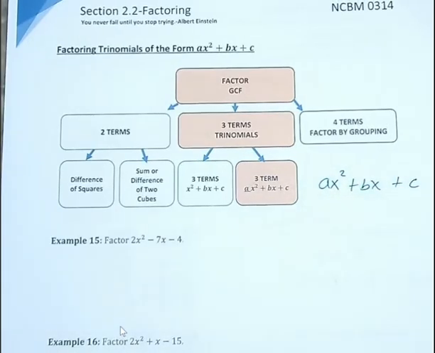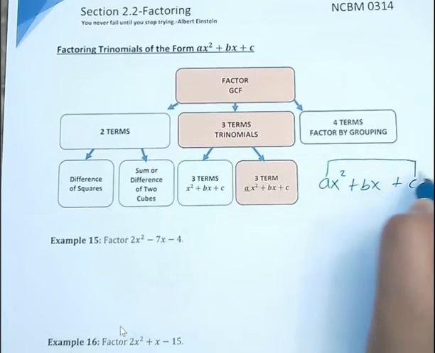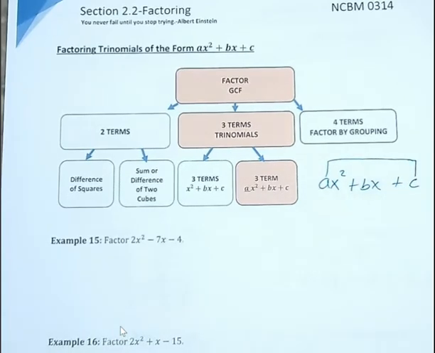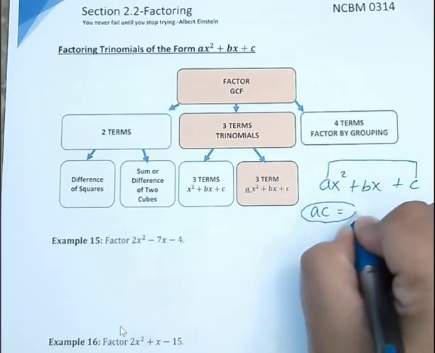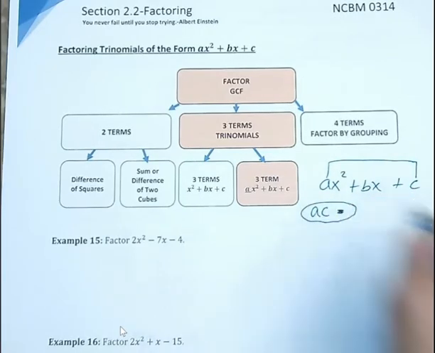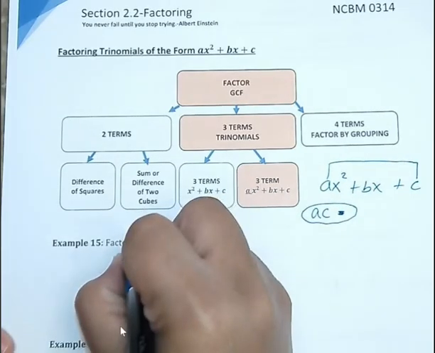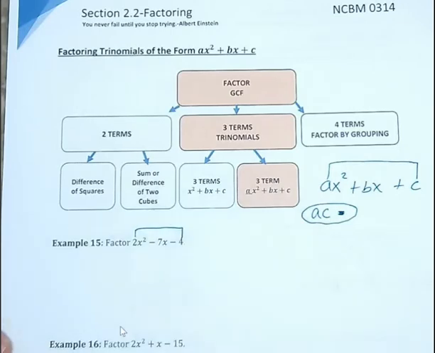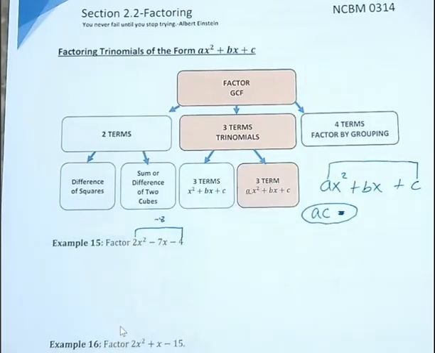And so the first step we're going to do is multiply the coefficient a times the constant c. Whatever this term is, this is what we're going to be interested in to begin the process. So a times c. In our example, we have 2 times negative 4, and 2 times negative 4 gives us a negative 8.